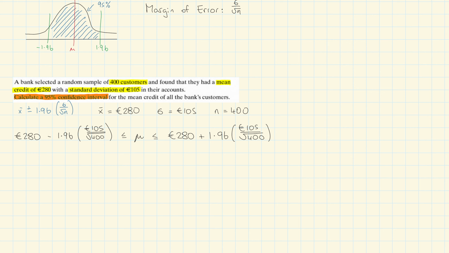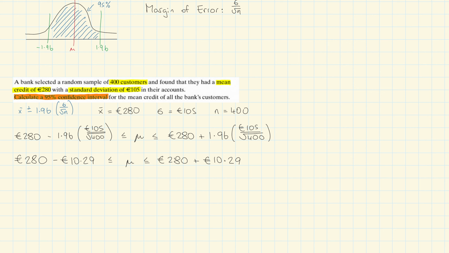Now you can put it all in as one. We'll just simplify our 1.96 times 105 over root 400, and we get 10.29. So that'll be 280 minus 10.29, and then 280 plus 10.29.